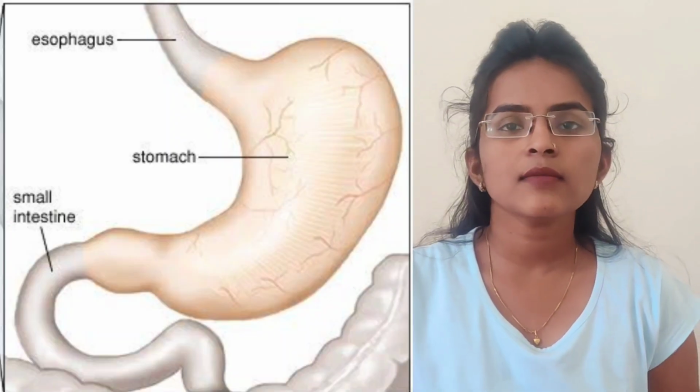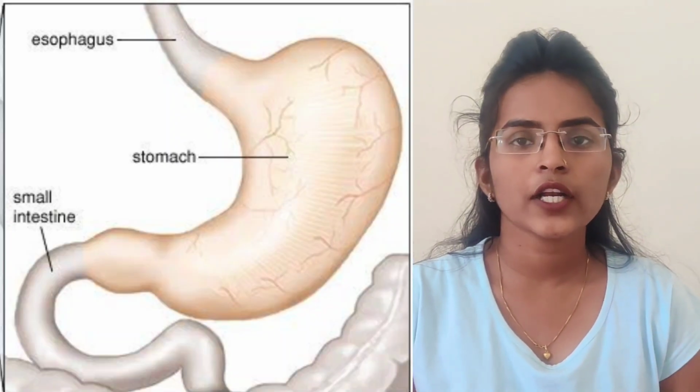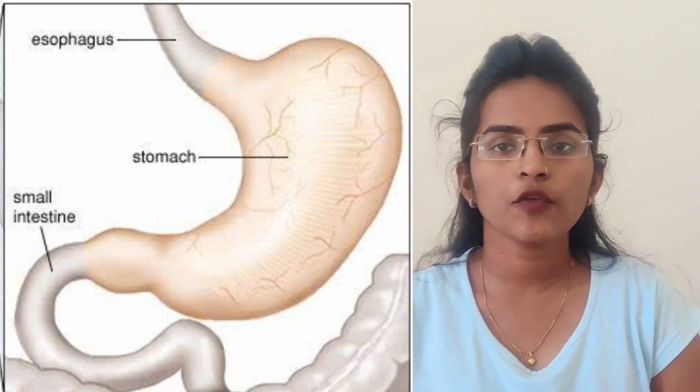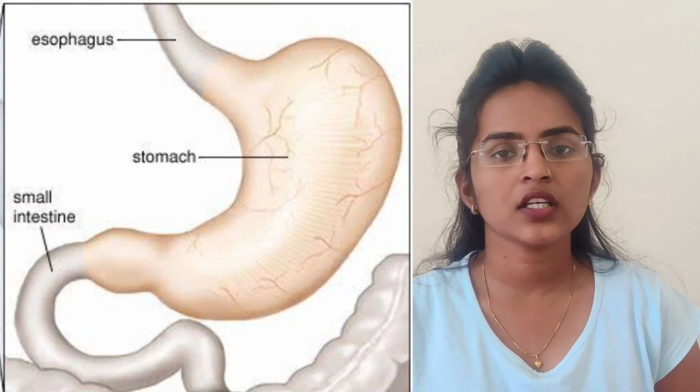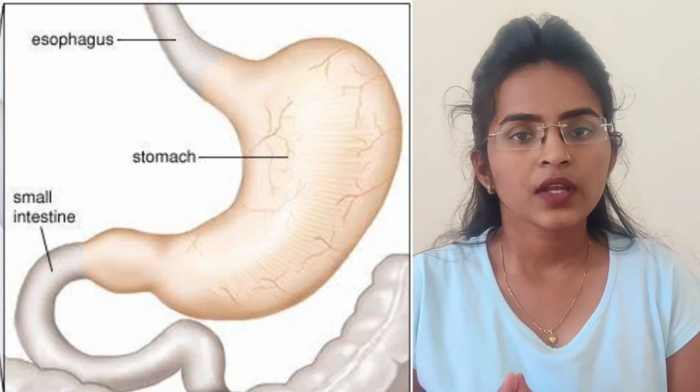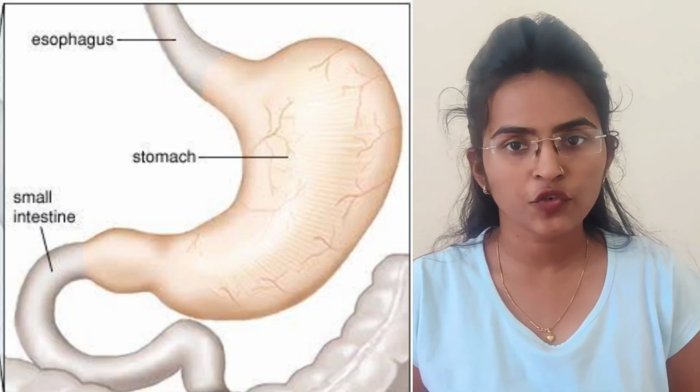Then the fourth one is the stomach. It is a muscular organ located on the left side of the upper abdomen. The stomach receives food from the esophagus, and it is a pouch-like or J-shaped organ, primarily designed for the storage of food for 2 to 4 hours.